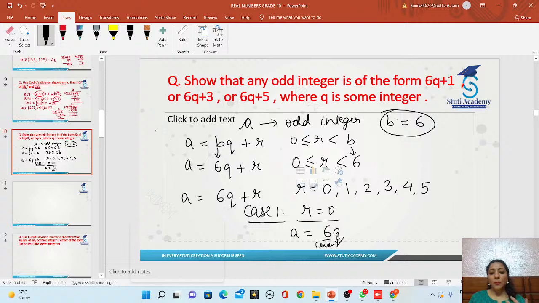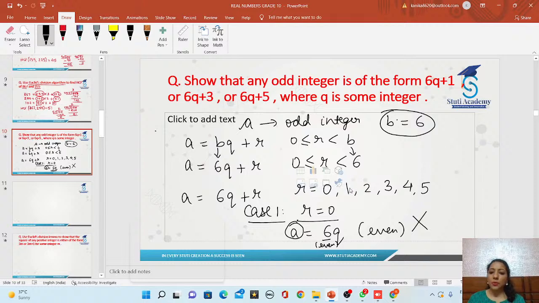An even number multiplied by any number will give us even only. So I can say that 6q is an even number, so in this case a is also an even number. But that's not possible, because right in the beginning, I took a as an odd integer. If I'm saying 6q is even and a is odd and they are equal, that's not possible. That's a contradiction. So I'm going to rule out this possibility. So r equal to 0 is not possible.